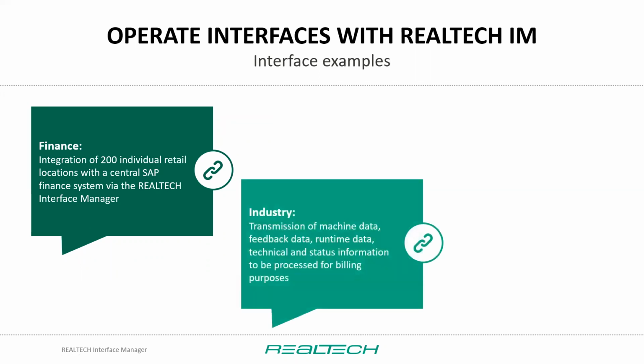Another example is from the industry perspective. They handle all their inventory info plus status info, whatever data they need to be able to afterwards process all the billings that they need to send to their customers or suppliers.